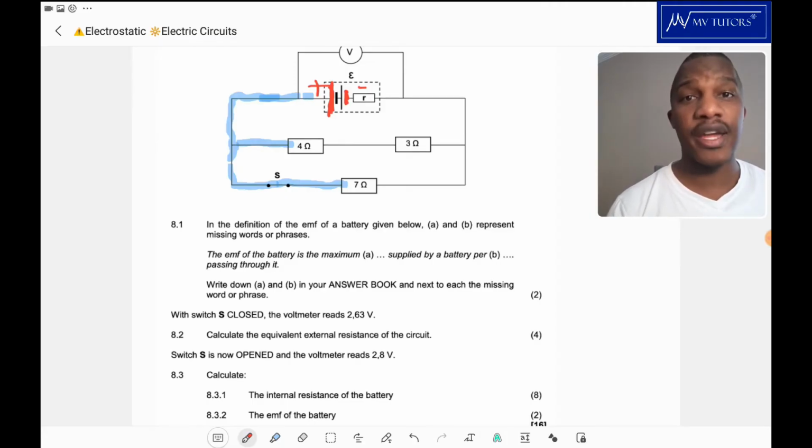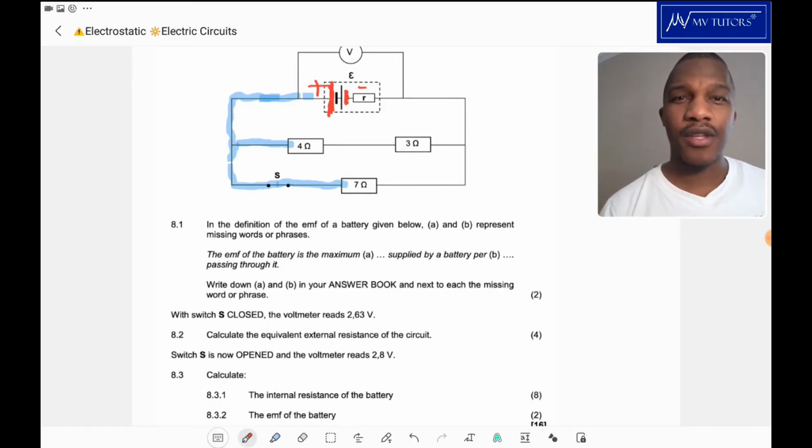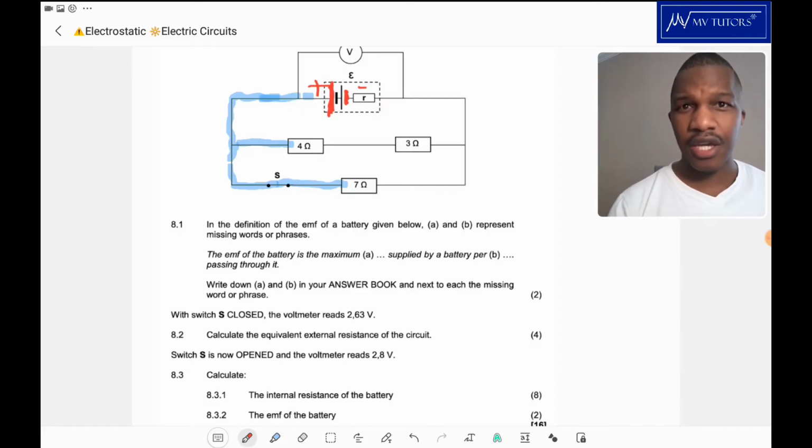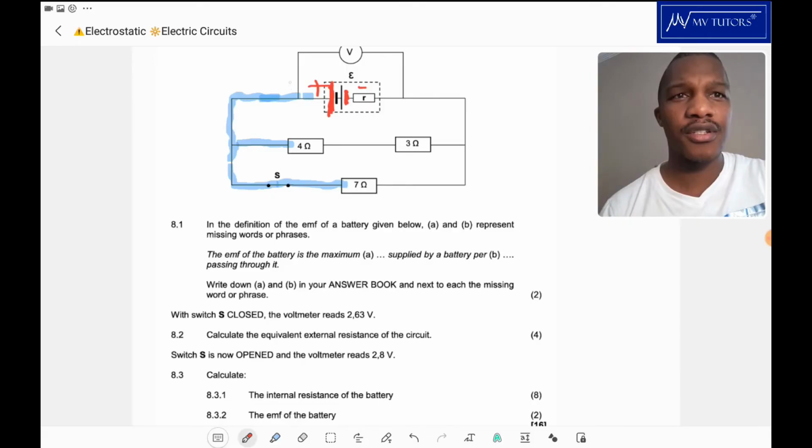So if it's closed like that, it means we must consider both of these resistors. Now, how do you think of resistors? Think of a resistor as a light bulb. When you switch the light on, current is flowing there. We've got total current coming from the battery, but as soon as it branches off here, we've got current 1, some of the water or some of the energy goes there, and current 2.